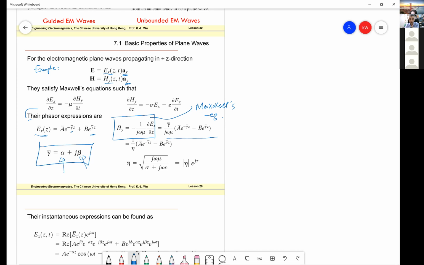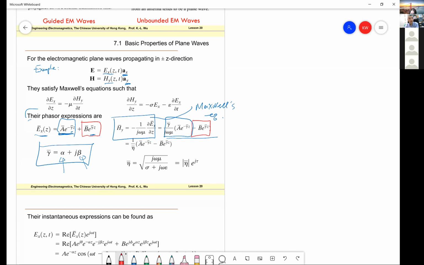Please pay attention. When we have a wave propagating in the positive direction, we have a component for the magnetic field propagating in the positive direction. Then we have a wave term propagating in the minus z direction, and we also have a term for the magnetic field propagating in the minus z direction.